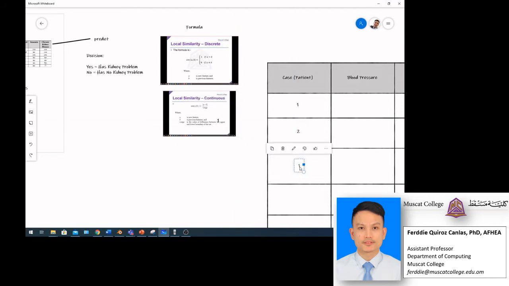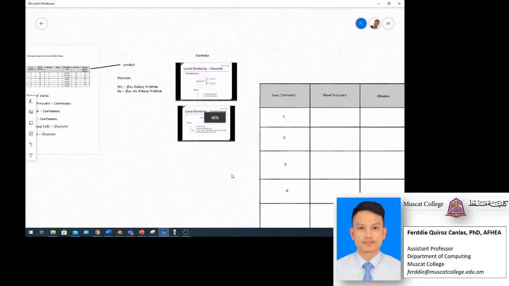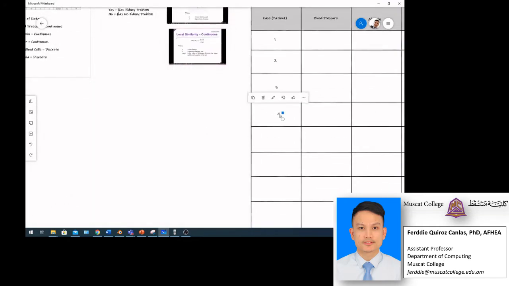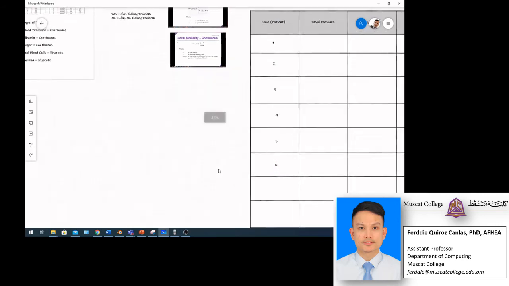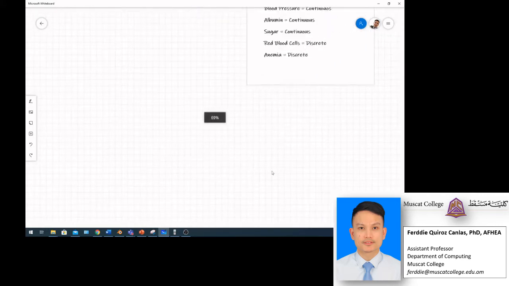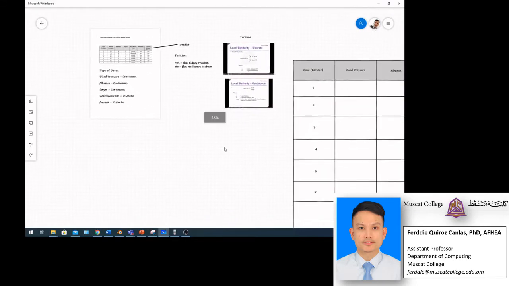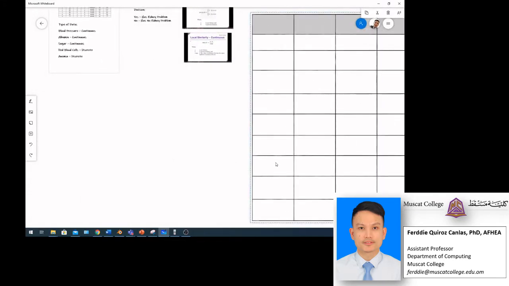Patient 3 we have. And we have patient 4. We have patient 5. Patient 6. And lastly we have patient X, right? You just have to write patient X here so that we will know patient X.